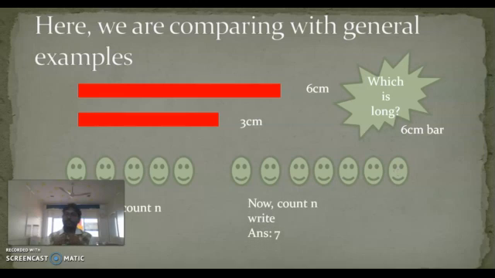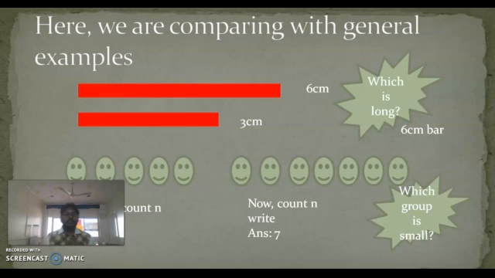There are 7 faces. See, 5 and 7 are two numbers. Now we can easily compare with the help of maths.